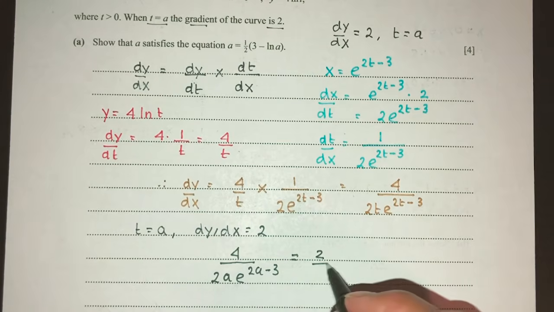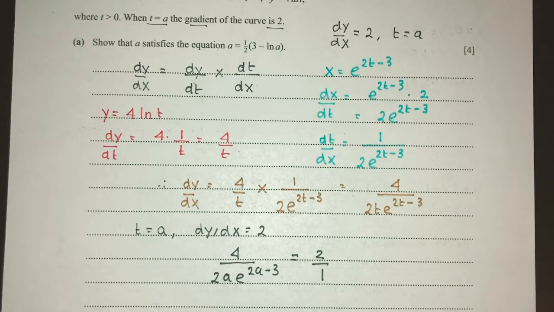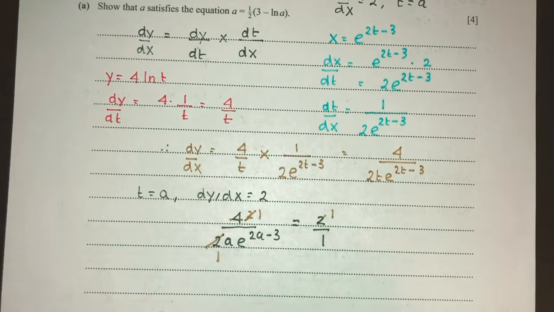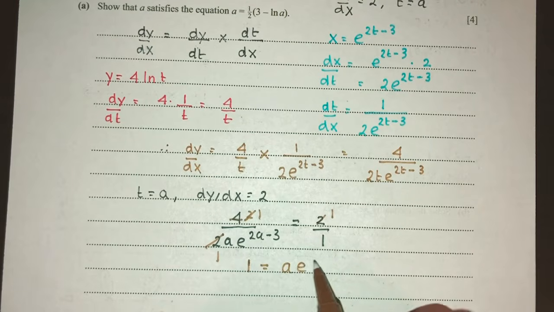Now 2 is 2 over 1. Now we can simplify. Here we have 2 that will cancel out, and here we have 2, they will also cancel out. Now we can cross multiply. You will have 1 is equal to a exponential 2a minus 3.